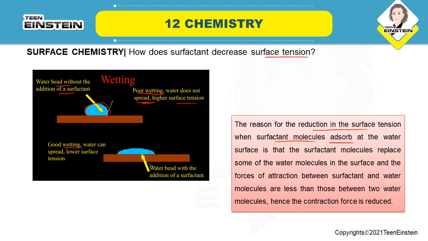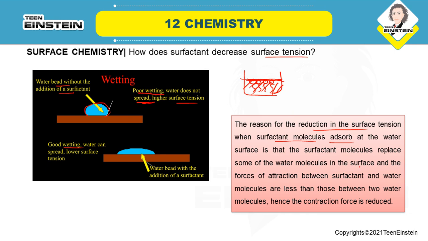Okay, now the surfactant molecules will obviously replace some of the water molecules in the surface. So suppose it is the surface of water, when surfactant molecules are present here, they will replace some of the water molecules from the surface, right?